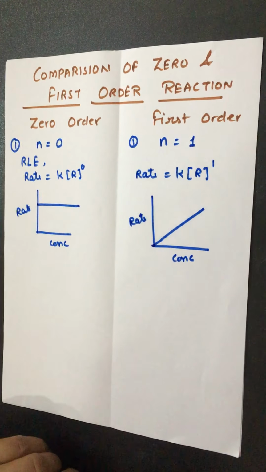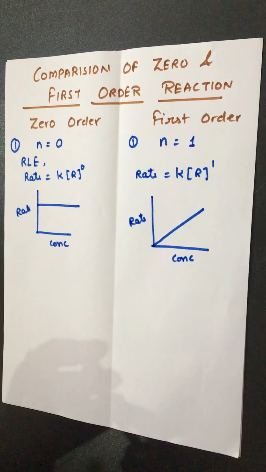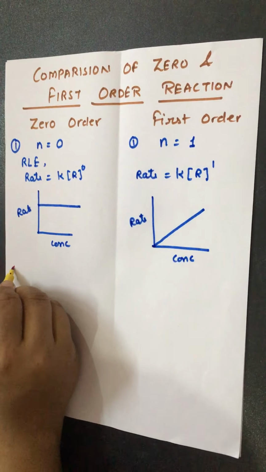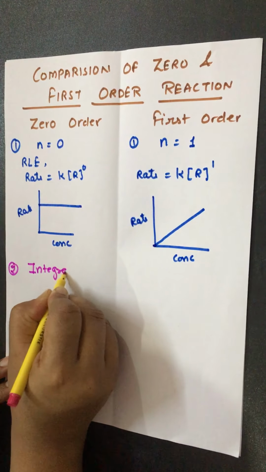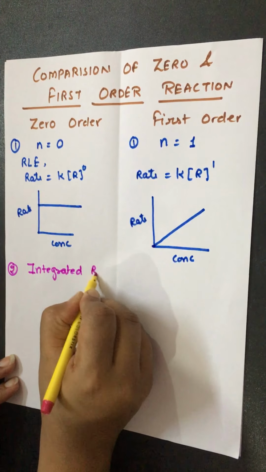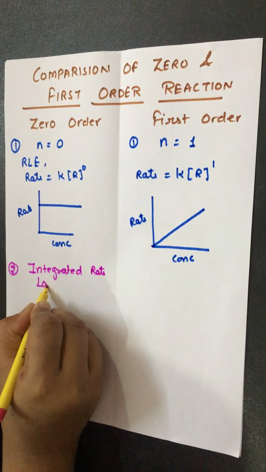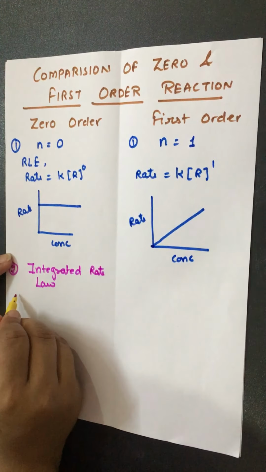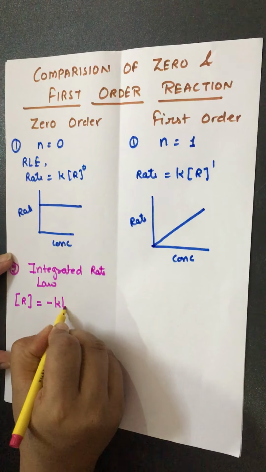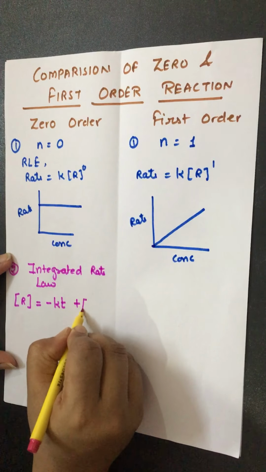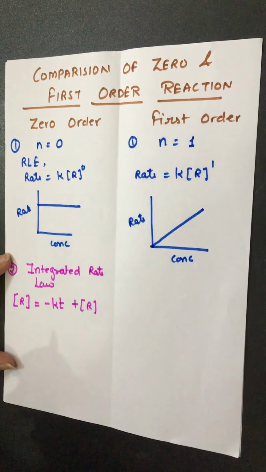Now, the integrated rate law equation. You try by yourself to write the integrated rate law. For zero order, the integrated rate law comes out to be concentration of R equals minus Kt plus initial concentration of reactant.